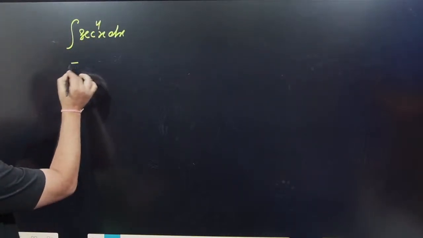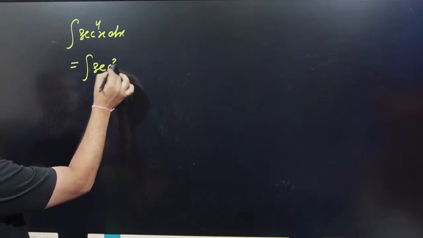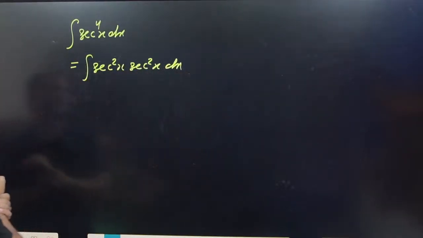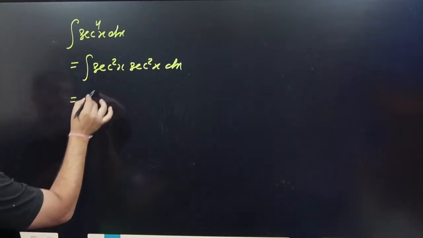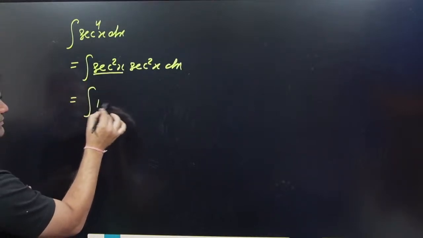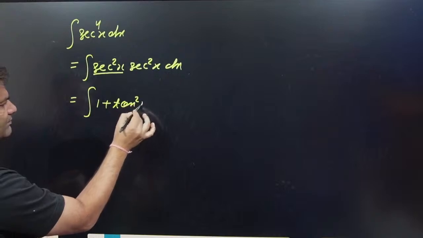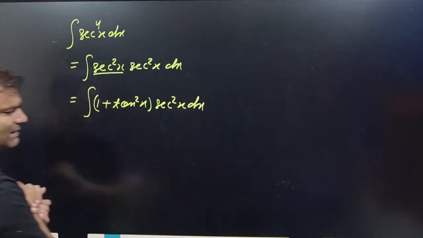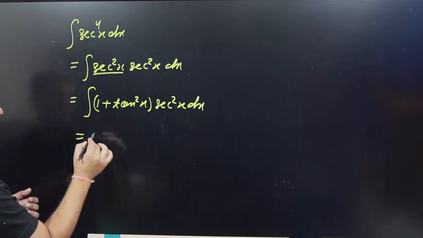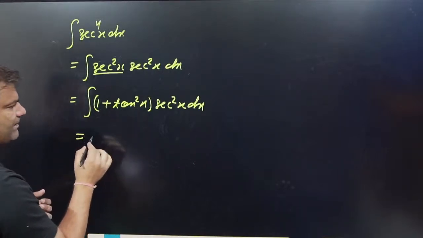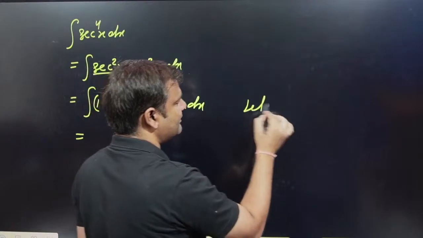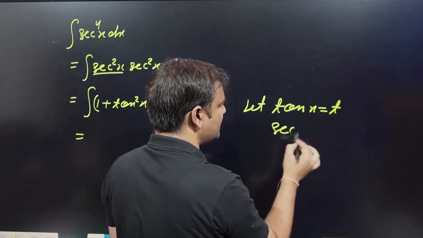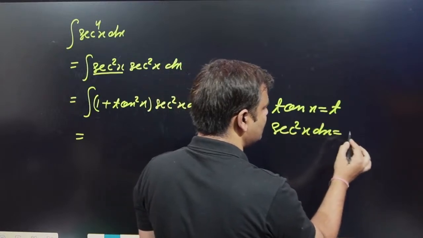Simply, this is written as sec square x into sec square x dx. And the first sec square x is written as 1 plus tan square x. Let tan x be t, so the differentiation sec square x dx is replaced by dt.